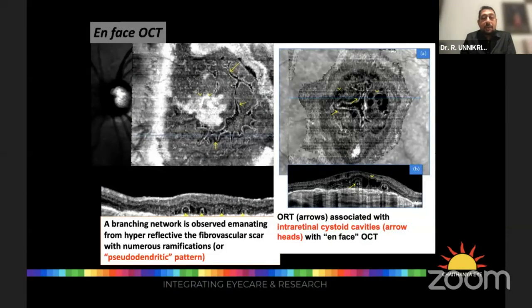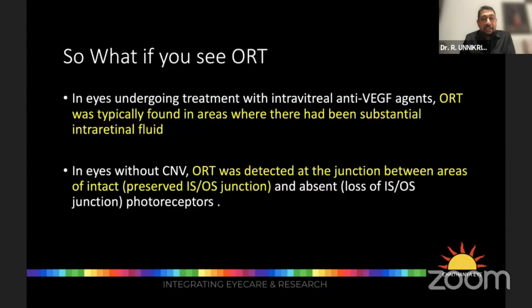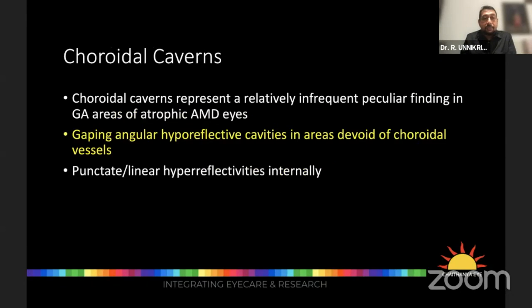There's a pseudo-dendritic pattern when it forms over a fibrovascular scar, and then there's a circular pattern with invaginations from the edge when it is at the junction of normal and atrophic retina, as in GA. So when you see ORT, you can know that it has been seen in the presence of previous subretinal fluid, or it is at the junction of intact, that is preserved, and damaged retina.